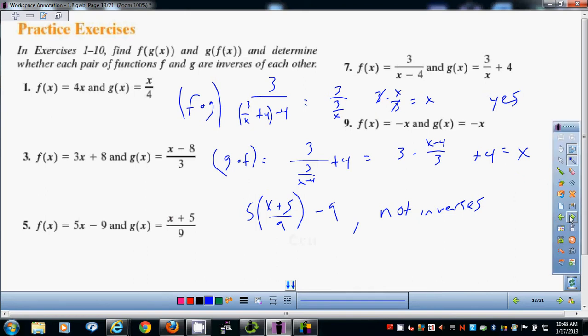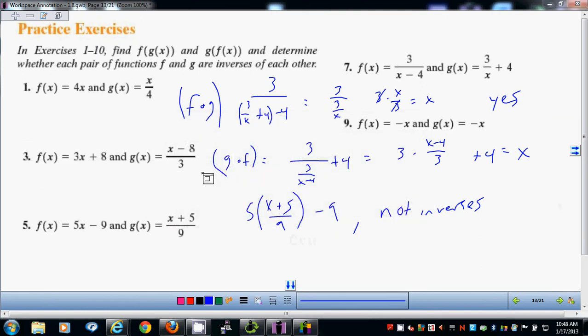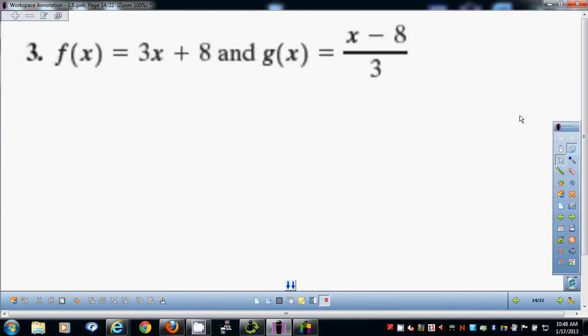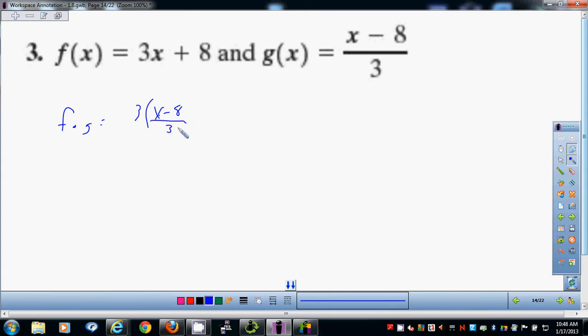Sure. Number 3, I believe, is the one left. Number 3. f of g and g of f. So, f of g is 3 times x minus 8 over 3 plus 8. So what's going to cancel here? 3 divided by 3.